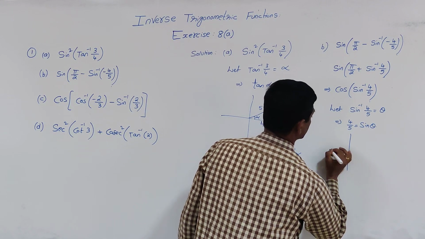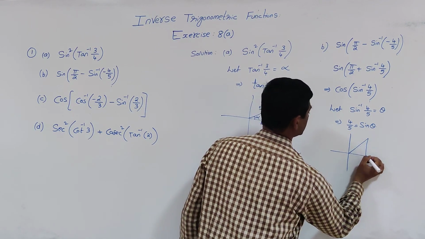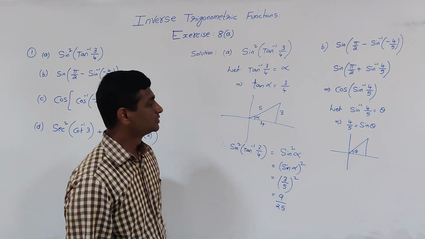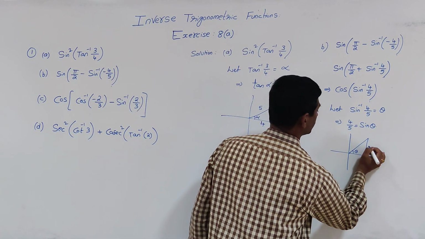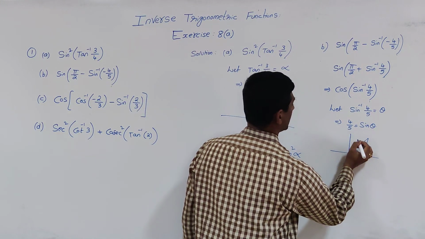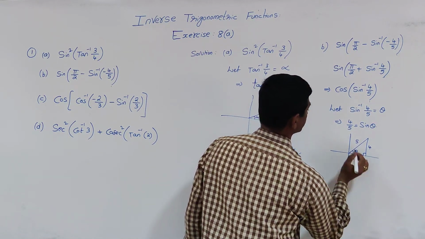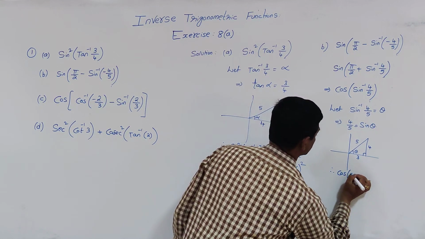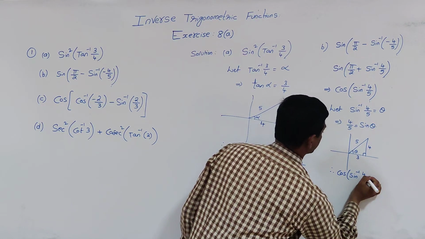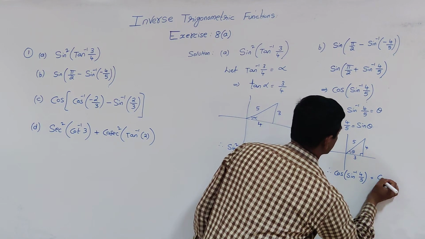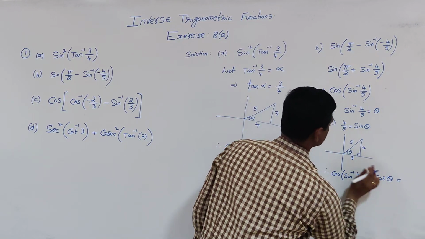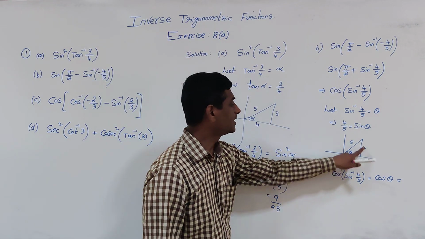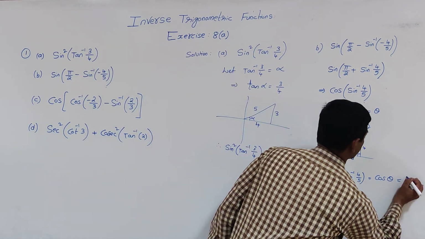So go for a right angle triangle for theta and obtain the values for sine theta. Opposite side is 4 and hypotenuse is 5, and the adjacent side becomes 3. Therefore cos of sine inverse of 4 by 5 will be cos theta, and cos theta from this right angle triangle is adjacent side by hypotenuse, so it will be 3 by 5.